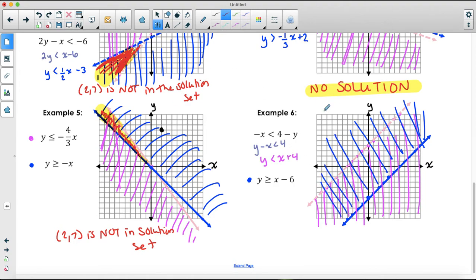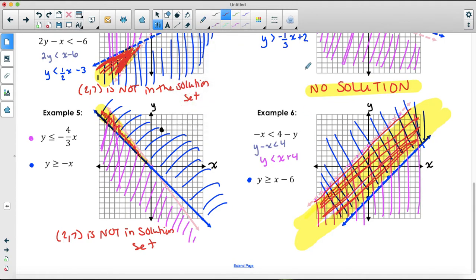So it looks like in between these is where our solution is. So everything in between them is a solution all the way along. And remember, this goes on forever. It's not just the pieces that we see, but it does keep going on forever. So that's our solution set.